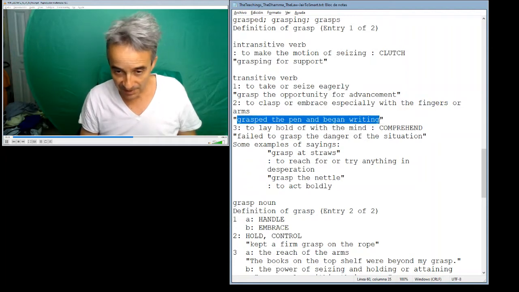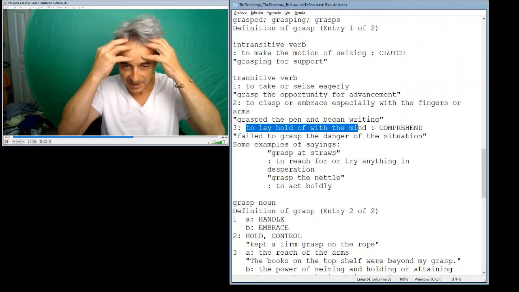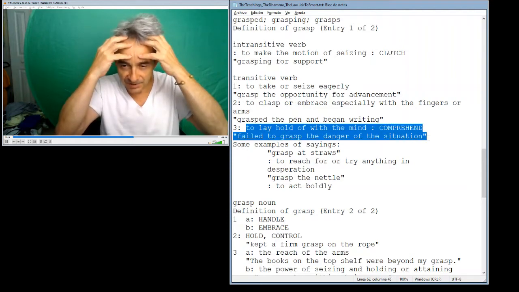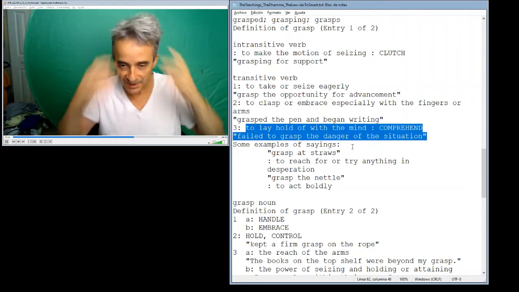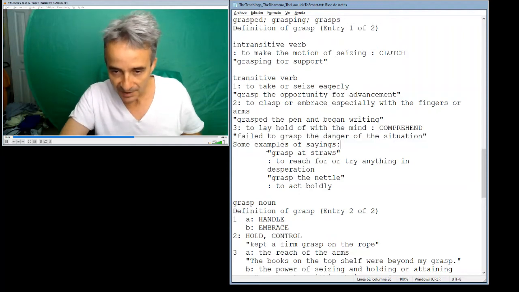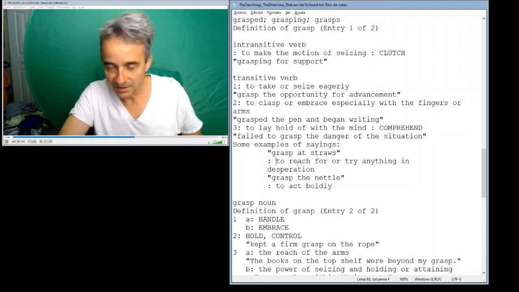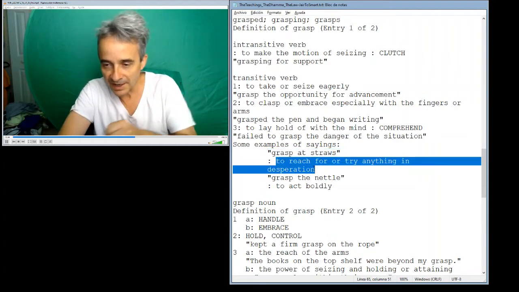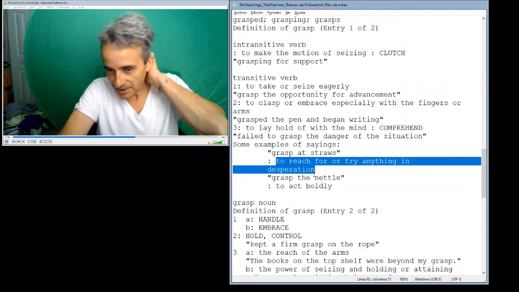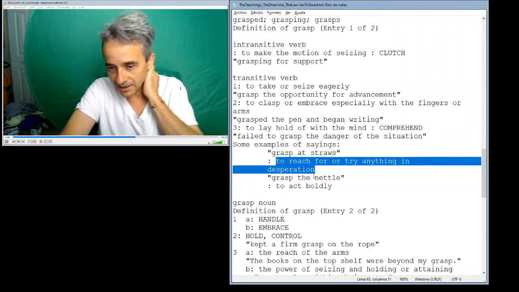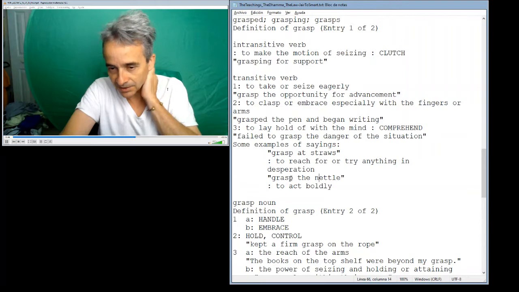And the third one is to lay hold of with the mind, comprehend. He failed to grasp the danger of the situation. Or here are some more sayings. Grasp at straws, to reach for or try anything in desperation. Grasp the nettle, N-E-T-T-L-E, to act boldly.